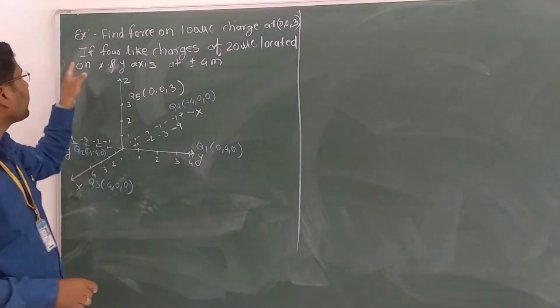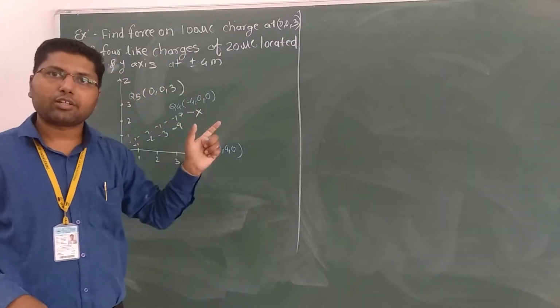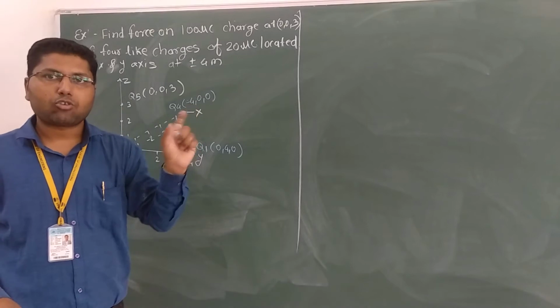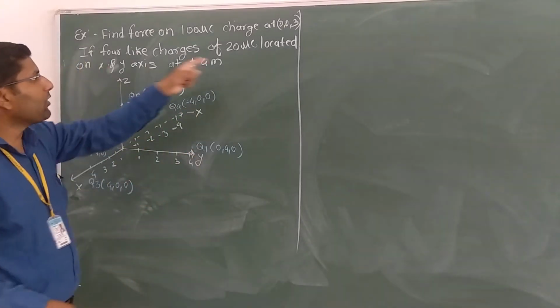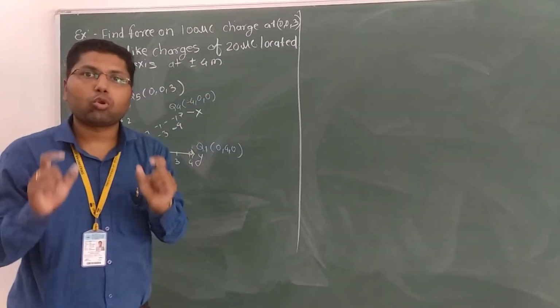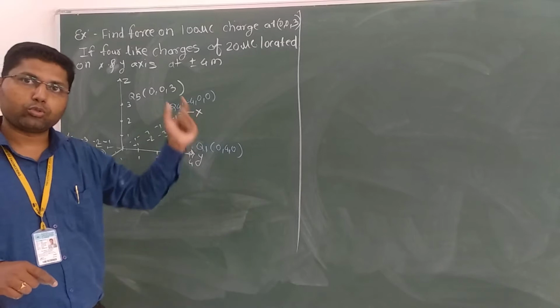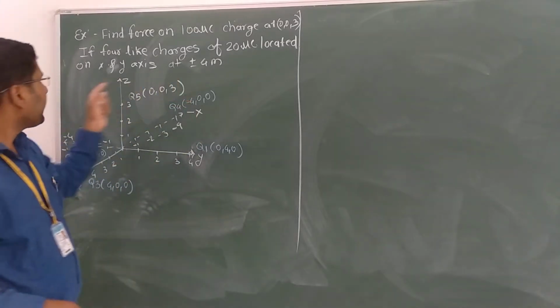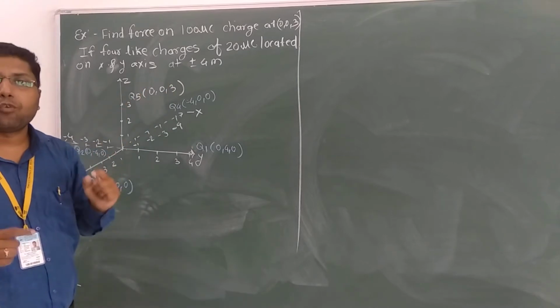The next point I have taken is that there are four like charges, meaning all the charges are the same, Q1, Q2, Q3 and Q4. 20 microcoulomb charge is available on each of Q1, Q2, Q3 and Q4, located on the x and y axes at plus or minus 4.